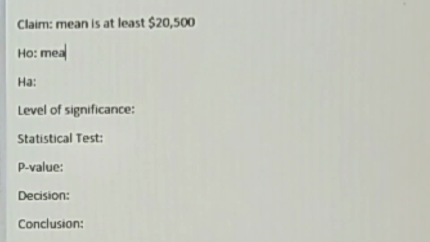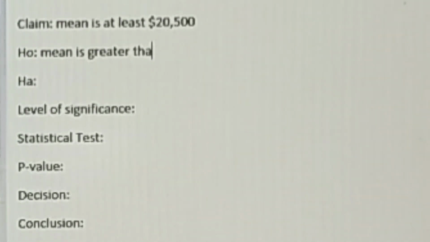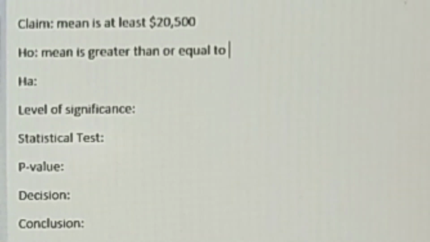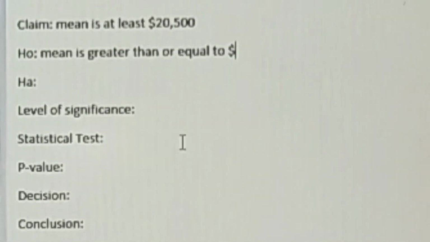Let us write mean is greater than or equal to $20,500.